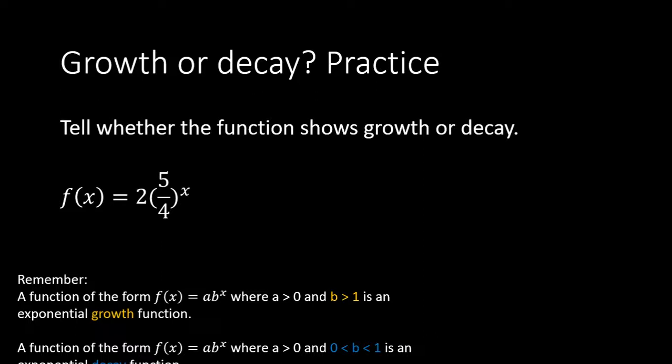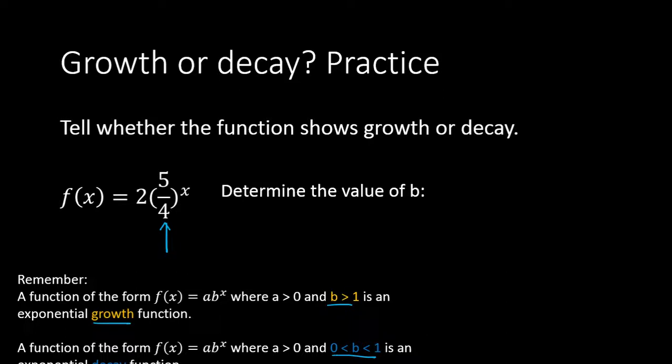Another quick practice. Remember, key here is to determine the value of b because b is the thing that dictates whether we have growth or decay. In this case, the value of b is 5/4. Don't let seeing a fraction make you assume that it's less than 1.